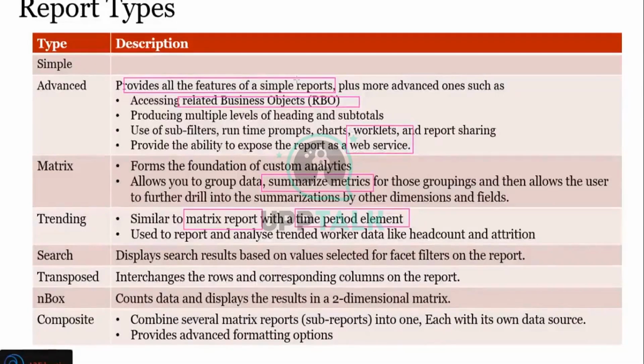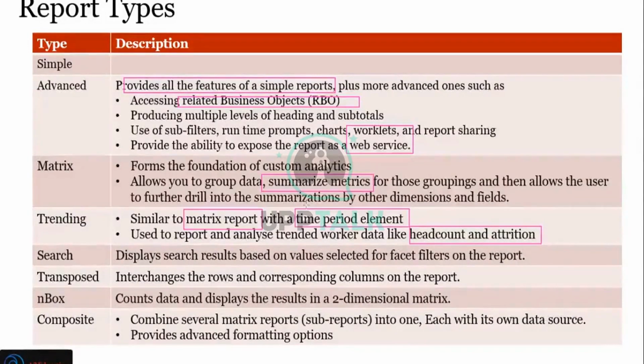That attrition trend and headcount trend are some of the common examples for which trending reports are created. They are used for trending analysis, but they are very similar to a matrix report. If you know a matrix report, then you know trending reports. It's just using a separate business object. That's all.